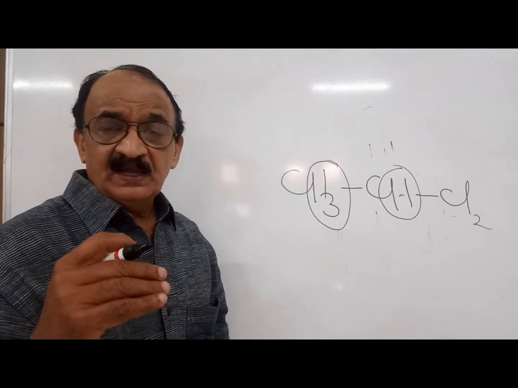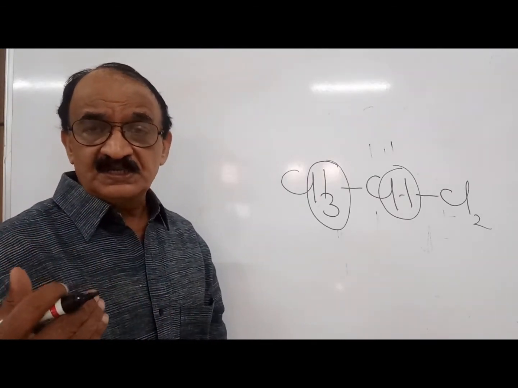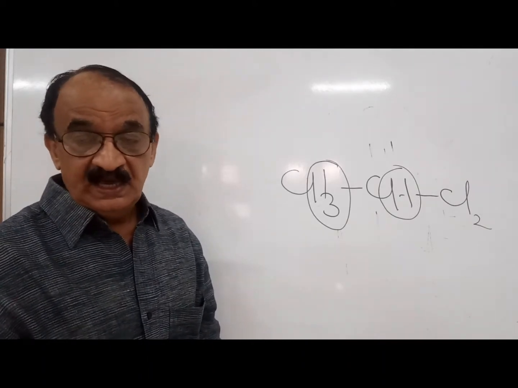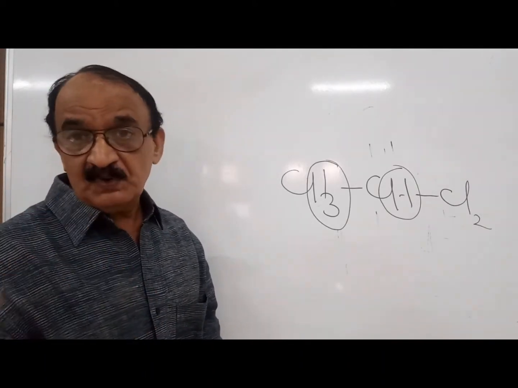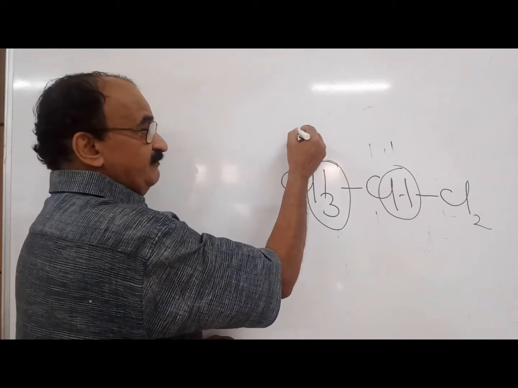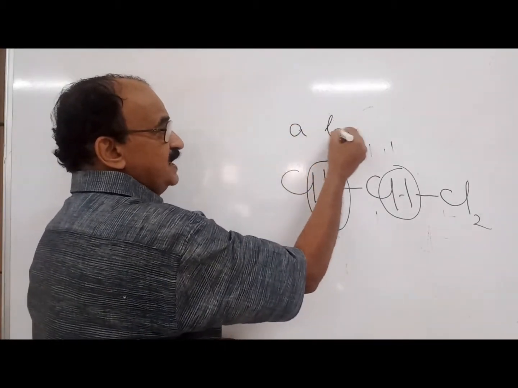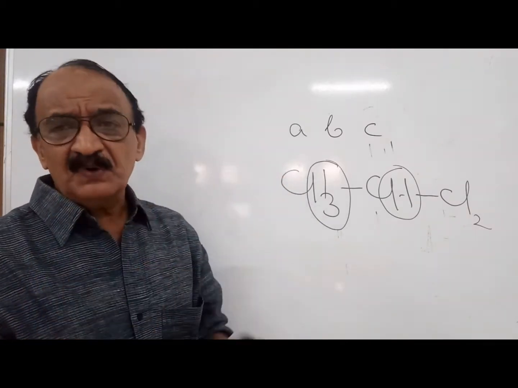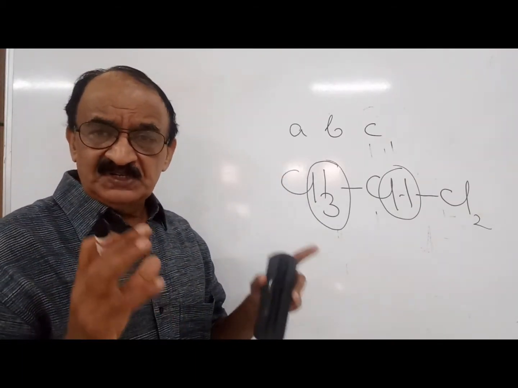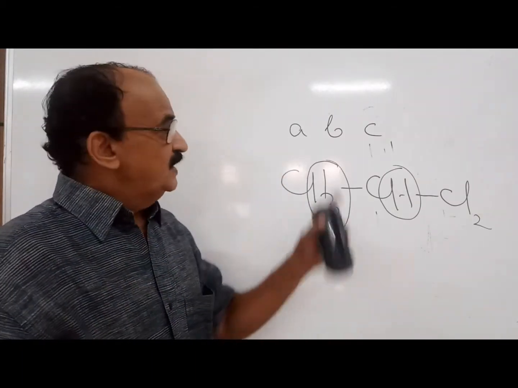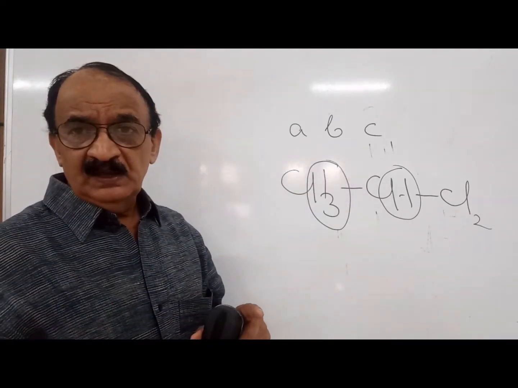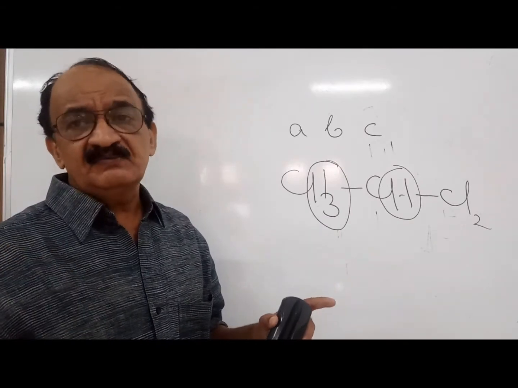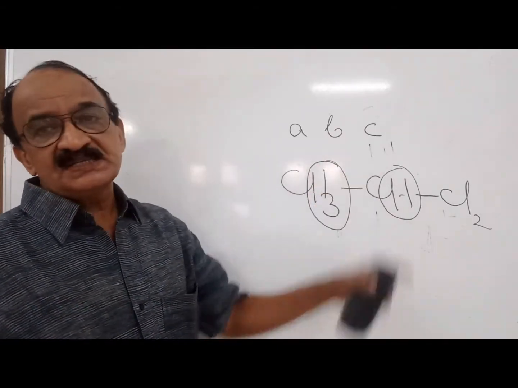So we can categorize the protons into sets depending upon the chemical environment, and we can label the sets of protons using alphabets like A, B, C, etc. What is meant by A? A is a set of protons which are in a chemical environment. B is a set of protons, and the chemical environment of the B set of protons is somewhat different from the A set and C set.